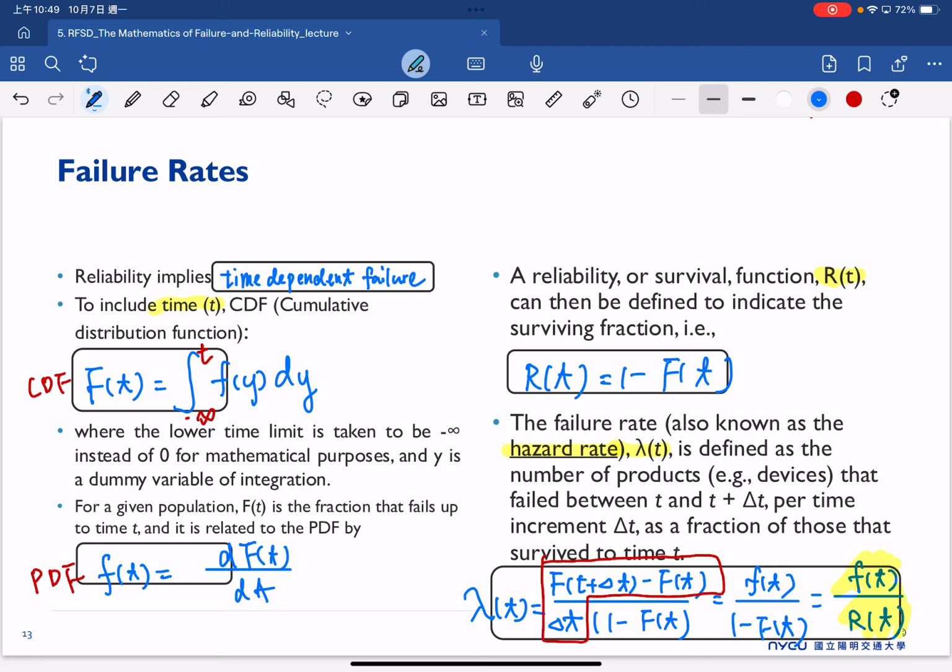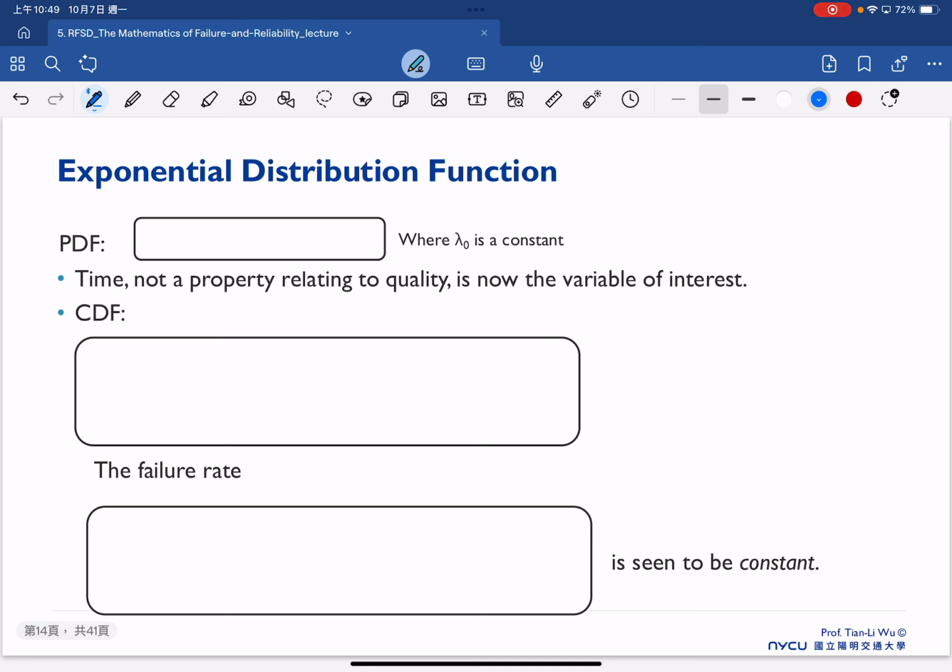Now we will show step by step why we care about the failure rate, because in the end, if we put the distribution functions inside, you will be surprised to know why in all of mathematics we prefer to use the exponential function. I think the exponential function is a very powerful equation used in all kinds of science and engineering, no matter whether you are in the semiconductor field, the physics field, or the chemistry field.